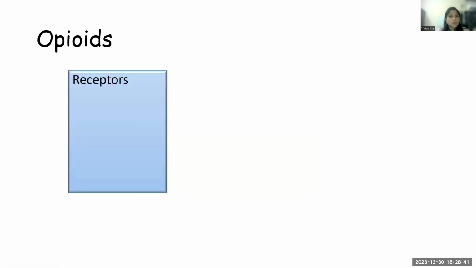Coming to the opioids, we will be dealing with them in detail in the next class, the practical aspects. Here is just an introduction of the basic concepts. The recent classification of opioid receptors is mu, kappa, delta, nociceptin/orphanin receptor, and the zeta receptor.